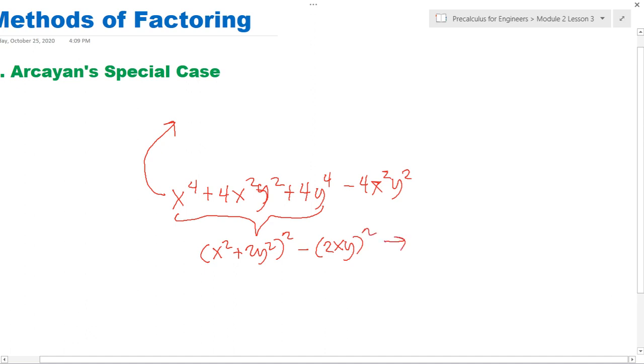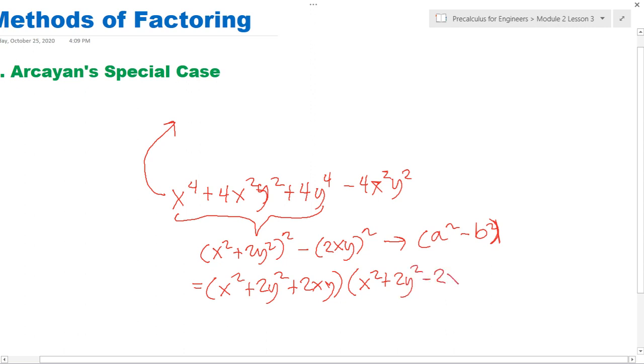Again, class, another a squared minus b squared. Therefore, its final answer would be x squared plus 2y squared plus 2xy multiplied by x squared plus 2y squared minus 2xy. So this would be our final answer.